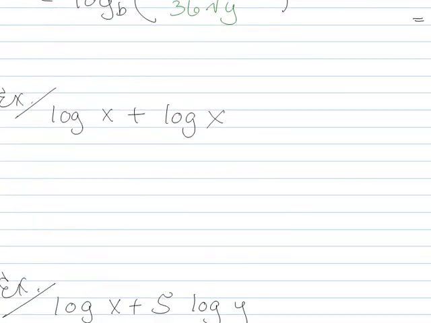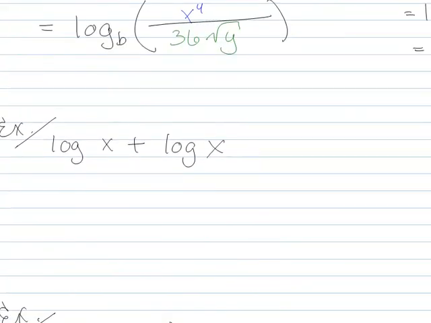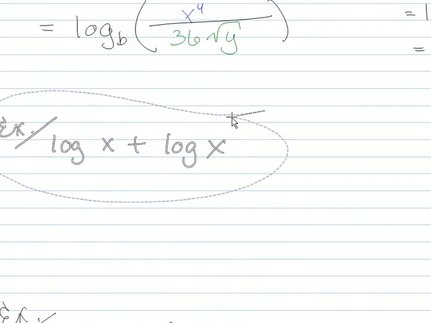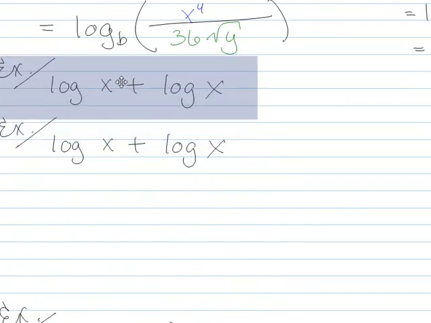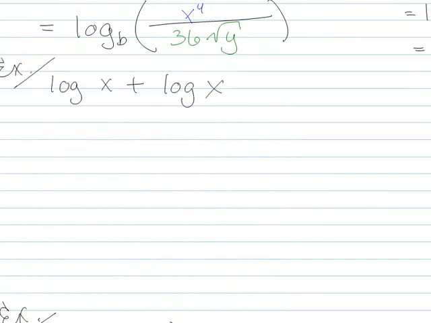Okay, now this one here, I've got log of x plus log of x. I'm just going to move this up a little bit. Log of x plus log of x. There's actually two ways to solve this at least. You might start with a product rule and say, well, that must mean it's log of x times x, or log of x squared.